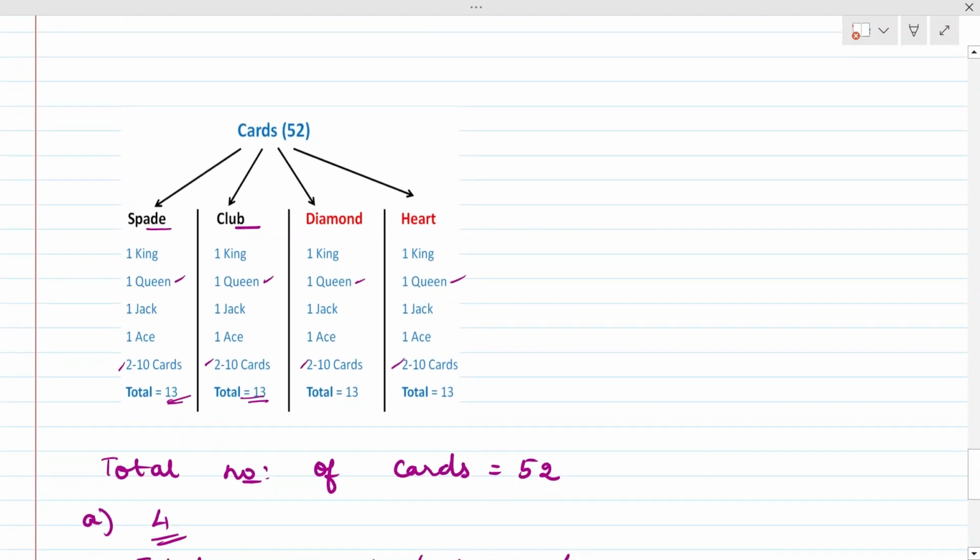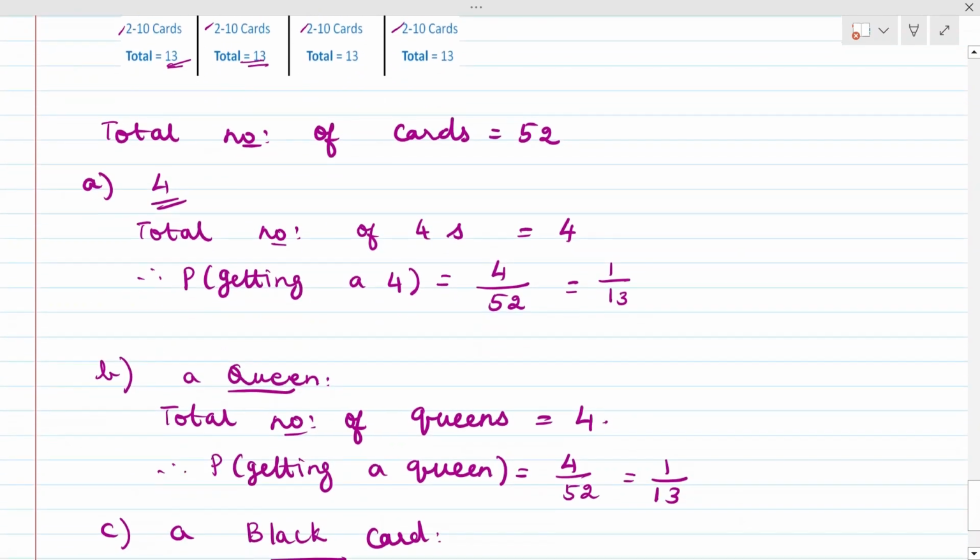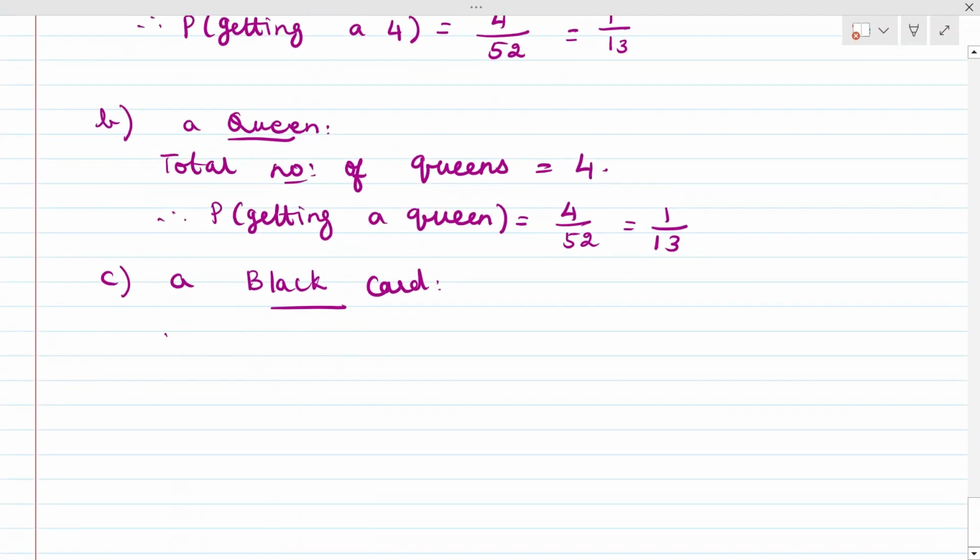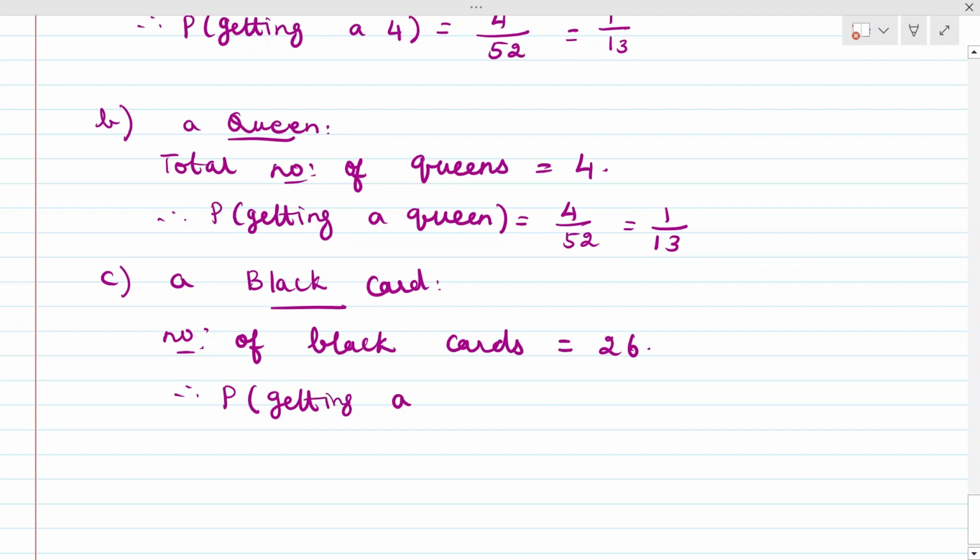Totally we have 26 black cards. So number of black cards is equal to 26. Therefore, probability of getting a black card is equal to favorable outcome is 26, total possible outcome is 52, which is equivalent to 1 by 2.